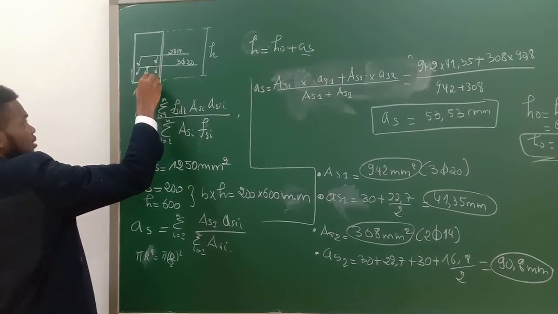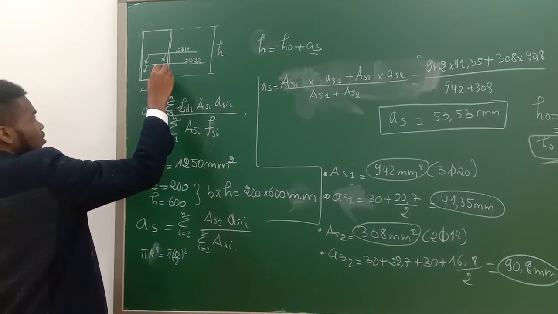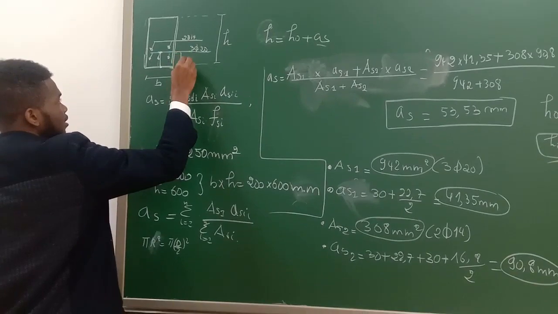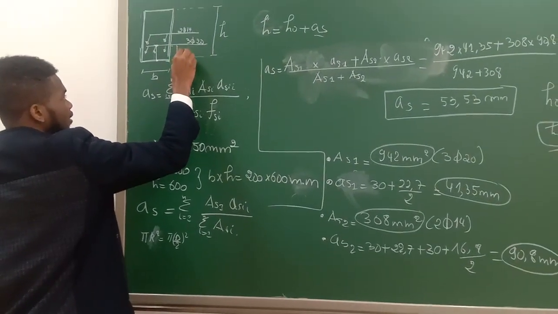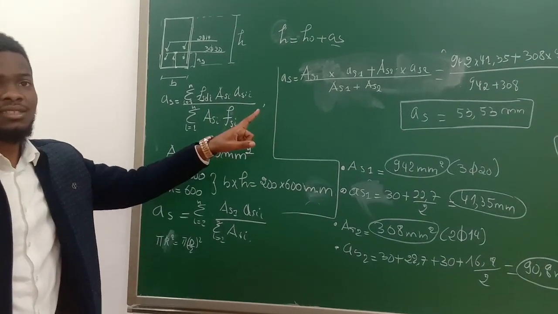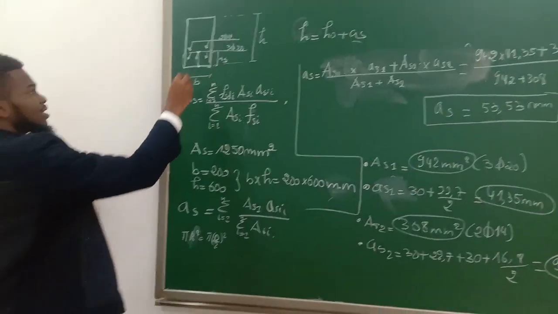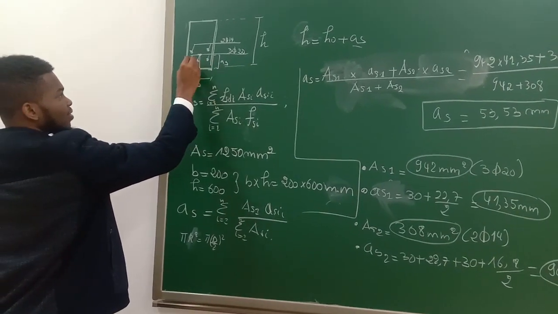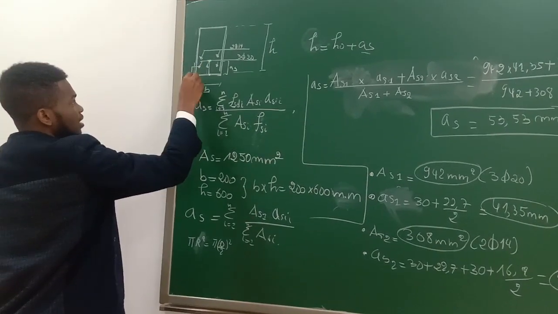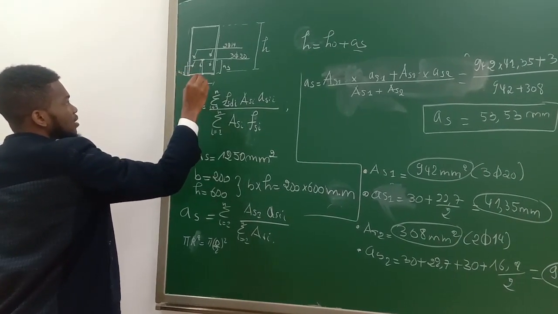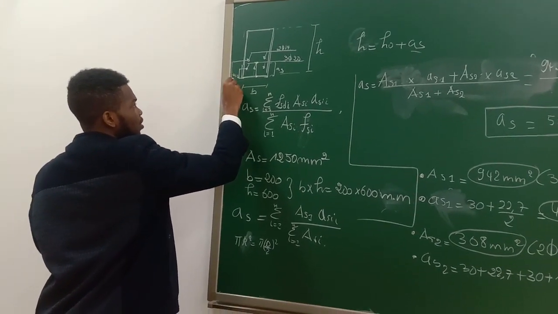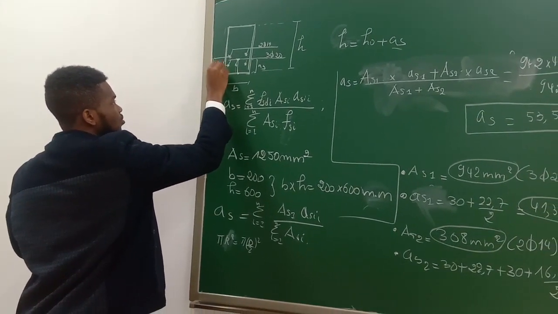This distance is what we call AS. Is AS the big AS? Now, the distance from the first line of bar steel to the bottom of the beam is AS1, and the distance between the second line and the bottom is AS2.